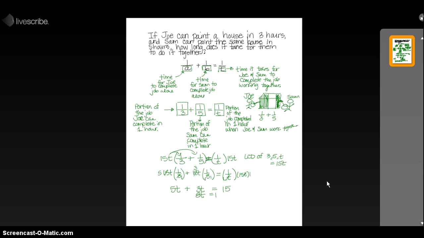Combine like terms, 8t equals 15, and divide both sides by 8, and t equals 15/8, which makes more sense as a mixed number because we're talking about time, so instead of 15/8 of an hour, we would say 1 7/8 hours.